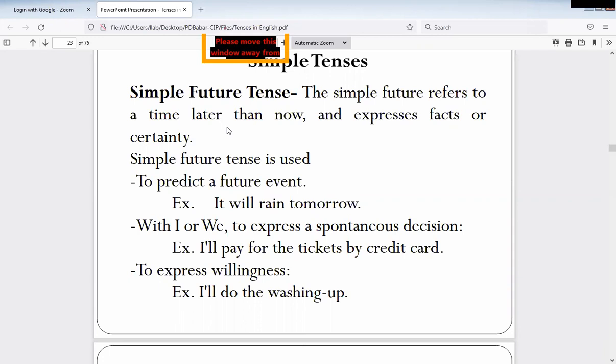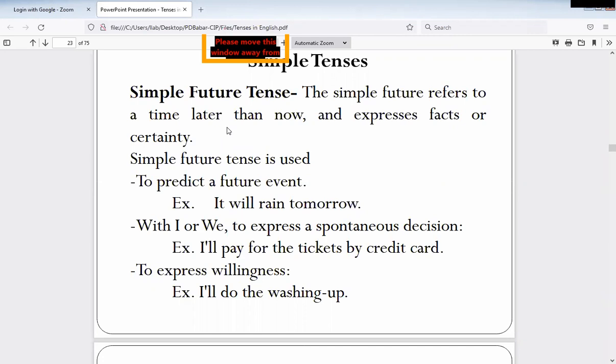It will rain tomorrow. I will buy a bike tomorrow. I will buy a smartphone tomorrow. So these are the expressions we use for predicting the future.